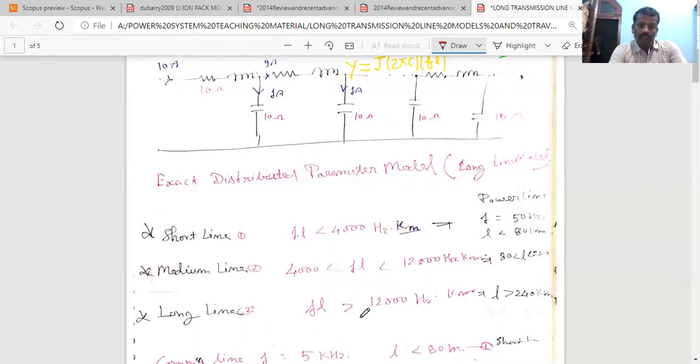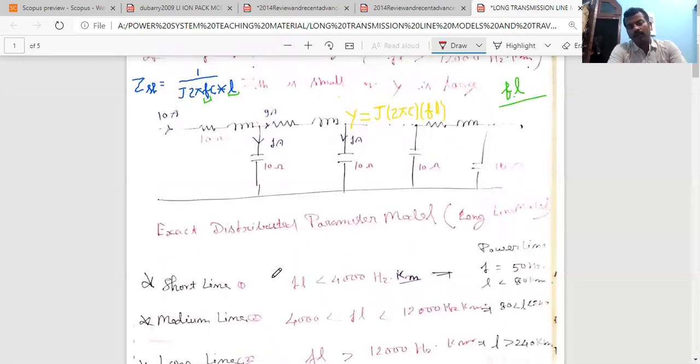And if the length of the transmission line is greater than 240 kilometers, then this line is known as a long transmission line.